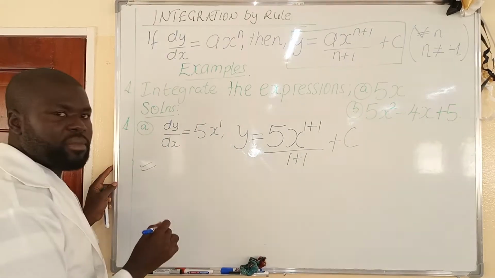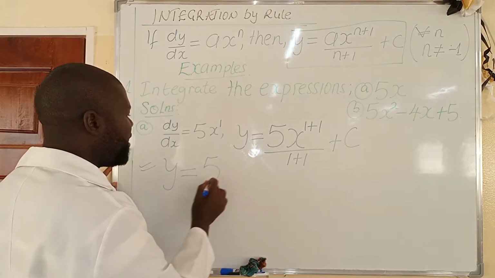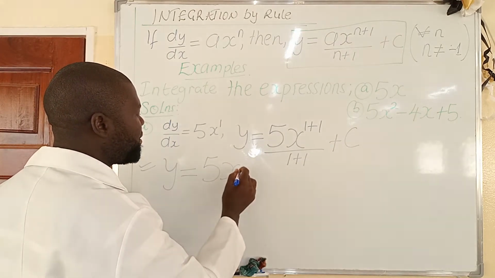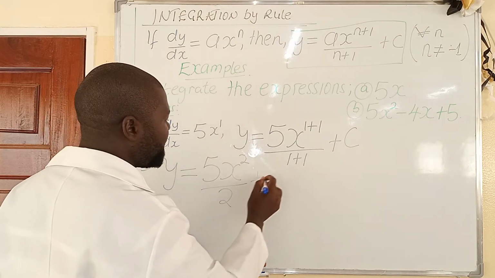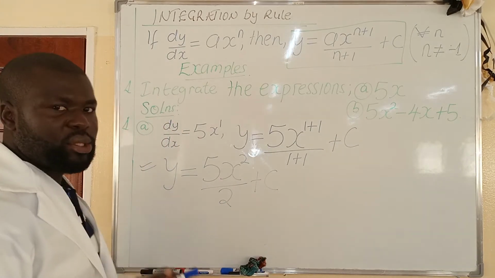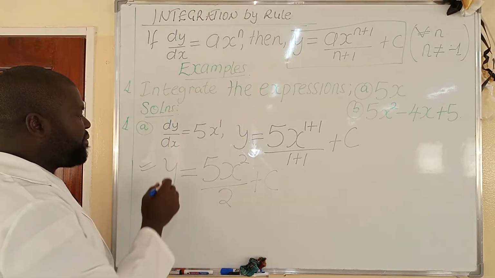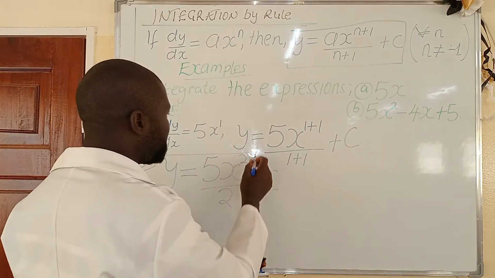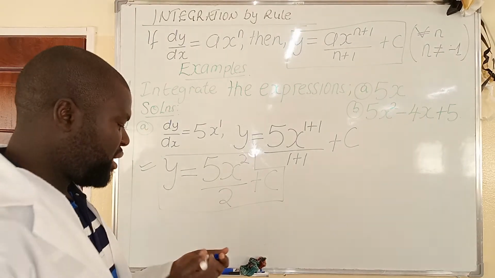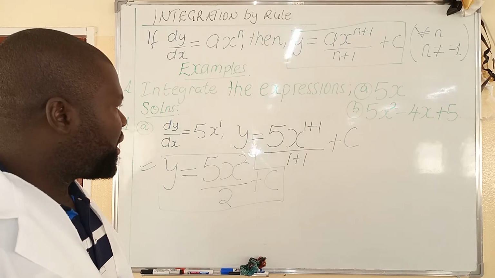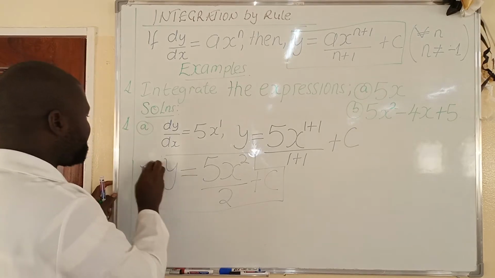So our function will be y is equal to 5x power 2, everything over 2, plus c. C is called the arbitrary constant. So our function y should look like this. Okay, so this is it about 1A. Let's look at 1B.